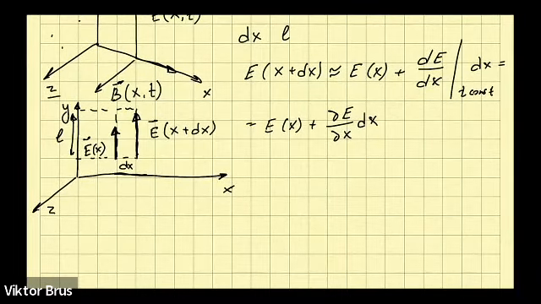When we consider the path in the counterclockwise direction, contributions to this integral over the closed path, which is our rectangle, from the bottom and top sides will be negligible, because here the electric field vector will be perpendicular to the displacement vector.